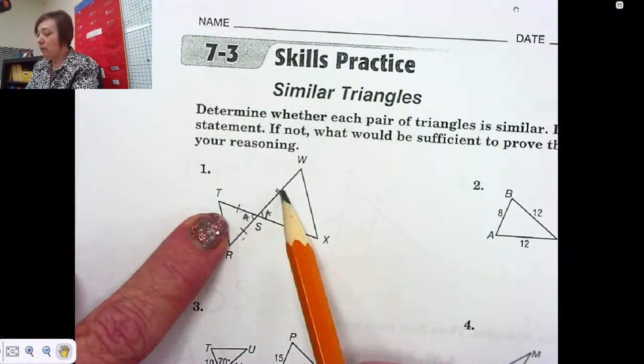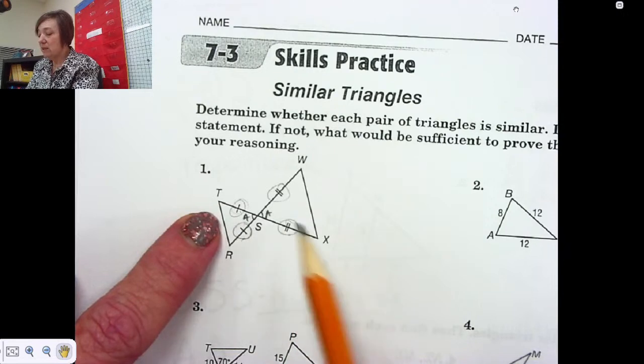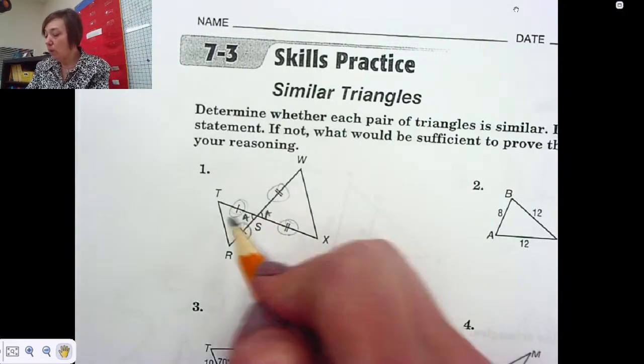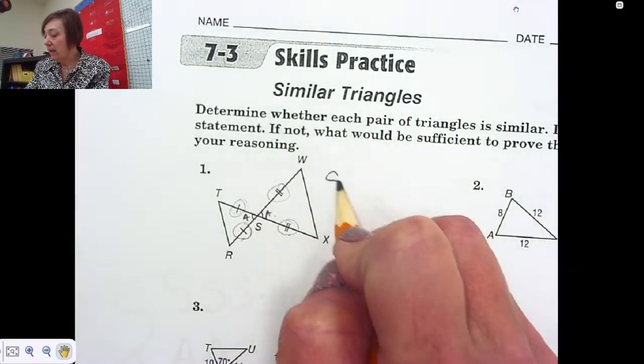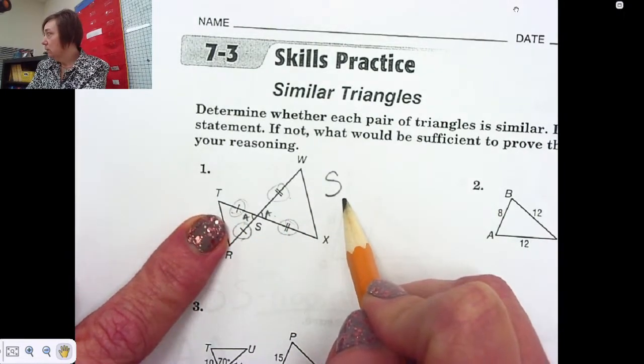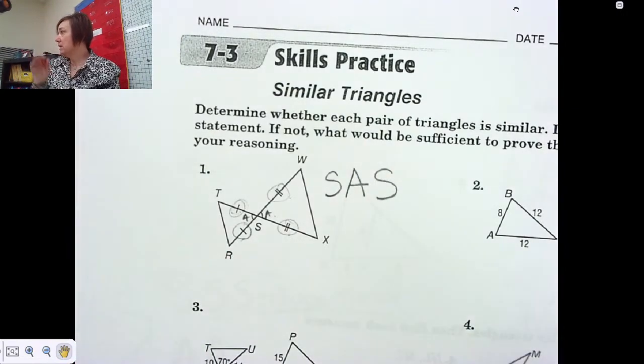That means if we set up a ratio of this side to this side, and a ratio of this side to this side, they're going to be the same because those numbers are the same. So if those ratios are the same, that means it's proportional. So we know, based on this, that this side to this side is proportional. An angle is congruent, and then a side is proportional. Side, angle, side. Y'all see how that works? Does that make sense to everybody?